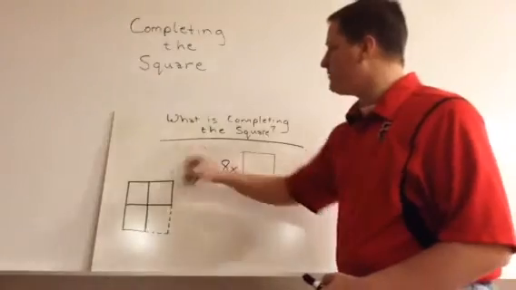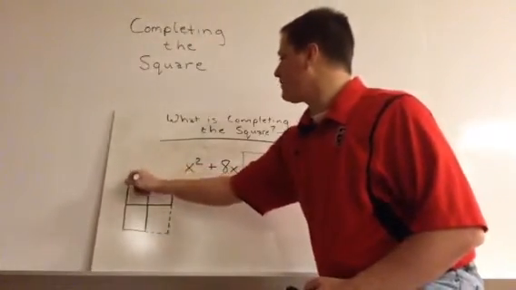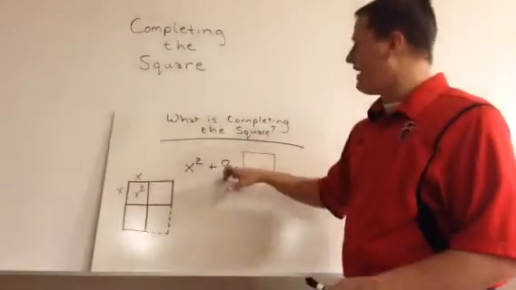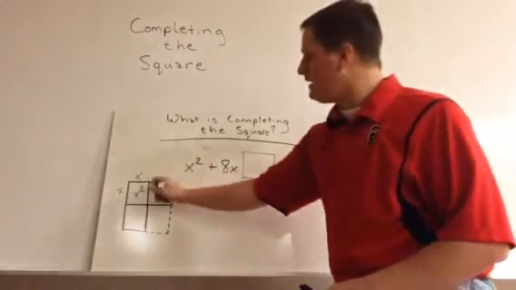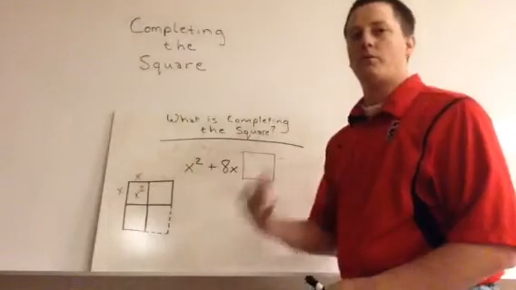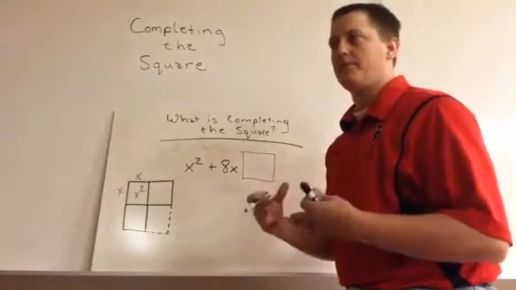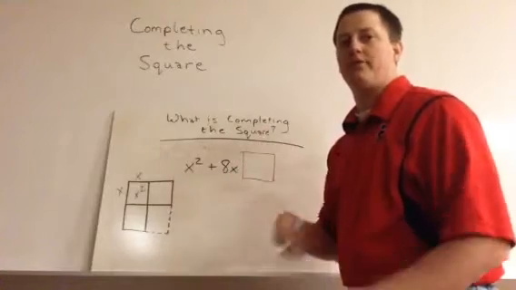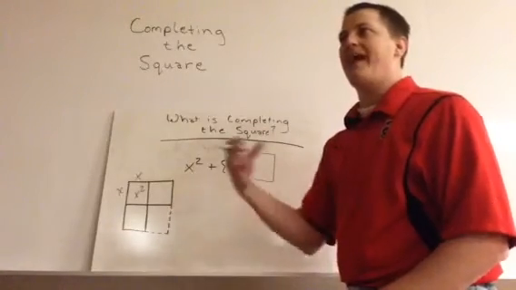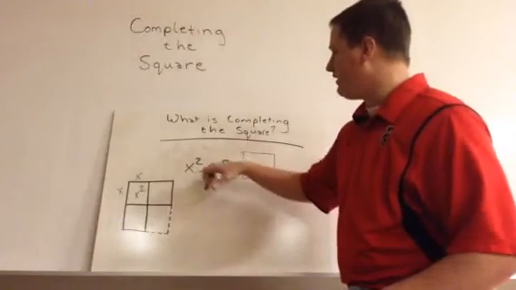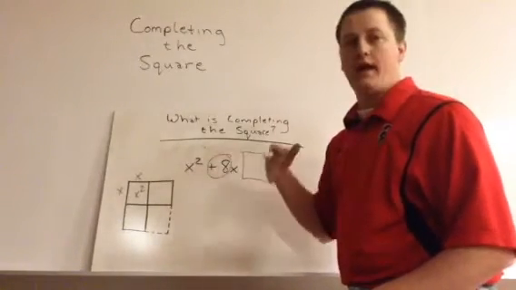So what we have here is x squared, which comes from x times x. And we've got this 8x here that we need to get from these two. Well, to complete a square, we want a number times itself. So we want a number that added to itself will give us 8. The easiest way to figure this out is take this value and cut it in half.